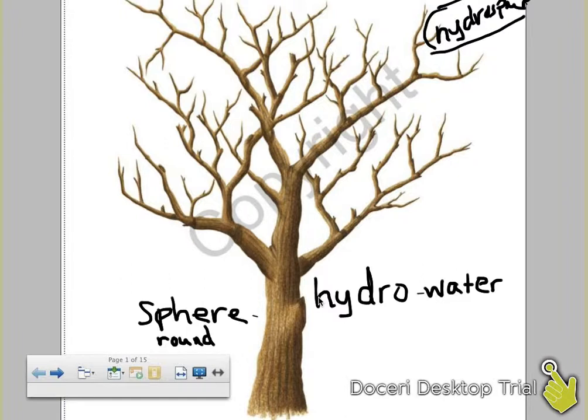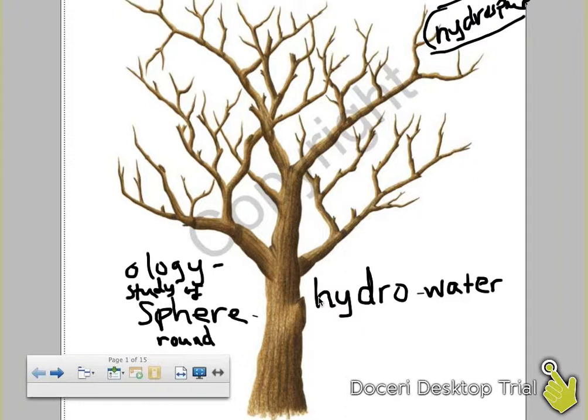Now hydrology means the study of water, because hydro, we have it there. Ology means what? Study of. Add that to your root. When I add it on my roots, you can add on either side. I'm just showing you how it goes. Notice we have words that are built up from our roots.